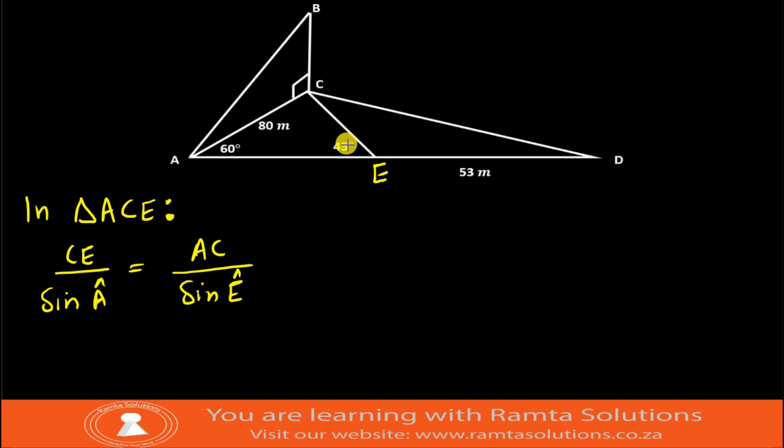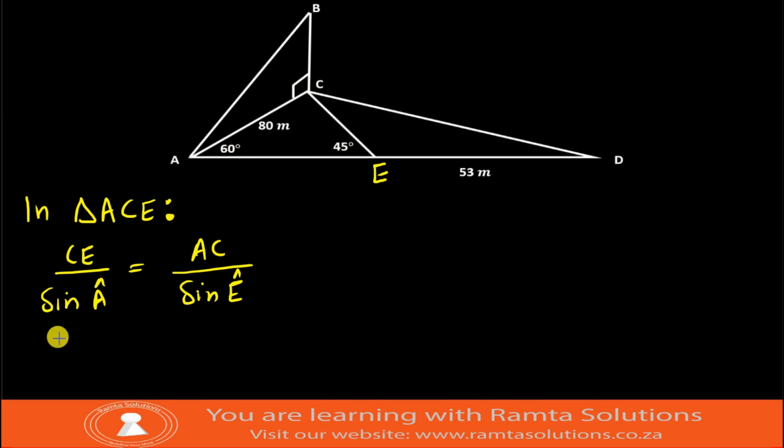Somehow that opposite side will give me a direction of what to do from that point onwards. Because I'm given this angle and I need to find its opposite side, I think I'm in the right direction. So I'm using the sine rule.